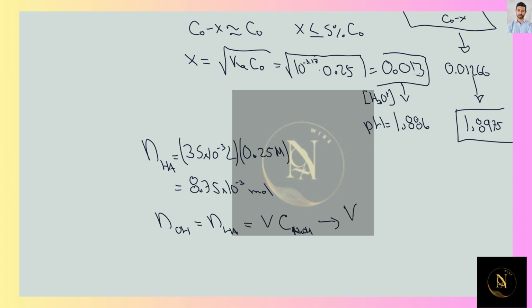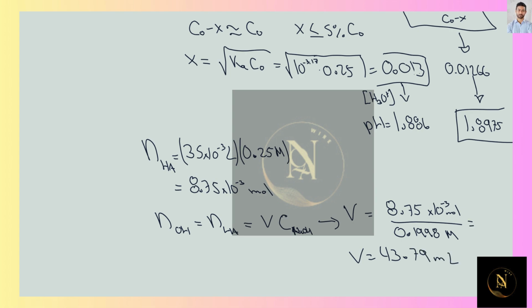From here we get that the volume is equal to the amount of moles that we require, this is a 1-to-1 reaction, divided by the concentration of my titrant, that is 0.1998 molar. So the volume required is 43.79 milliliters.